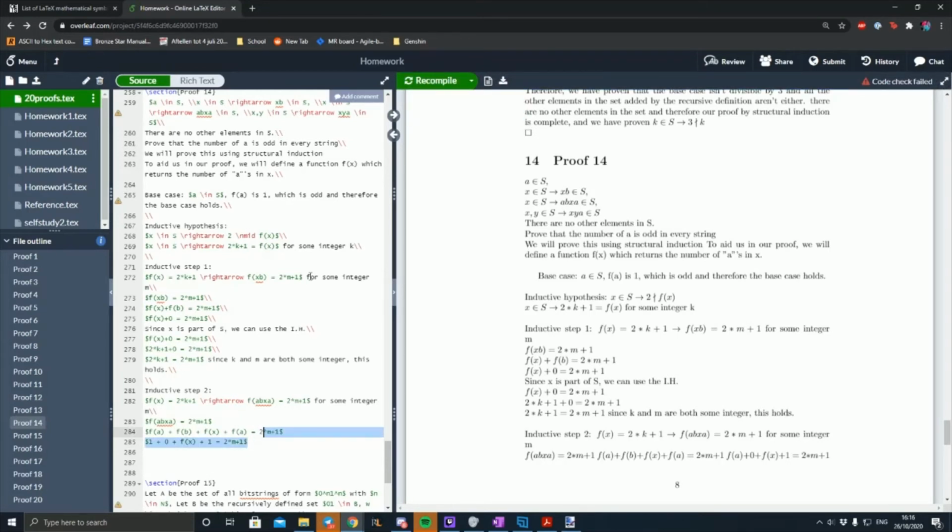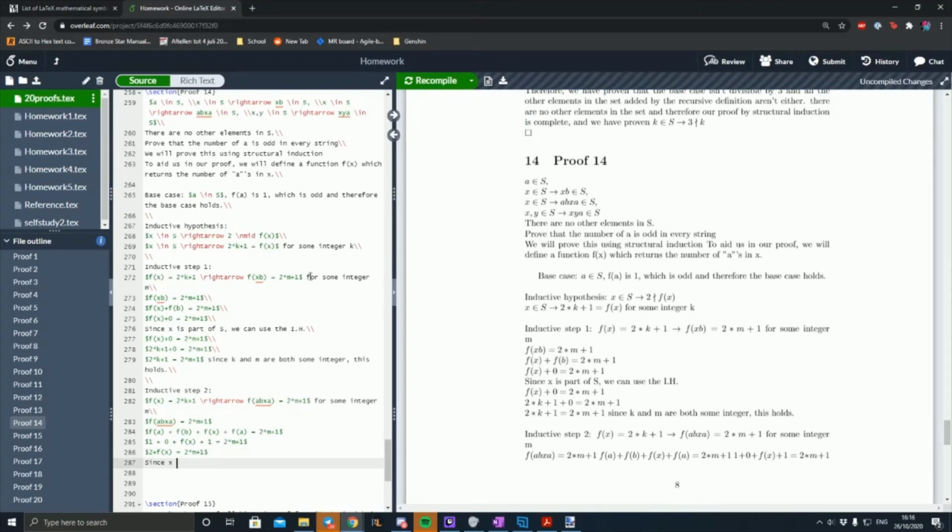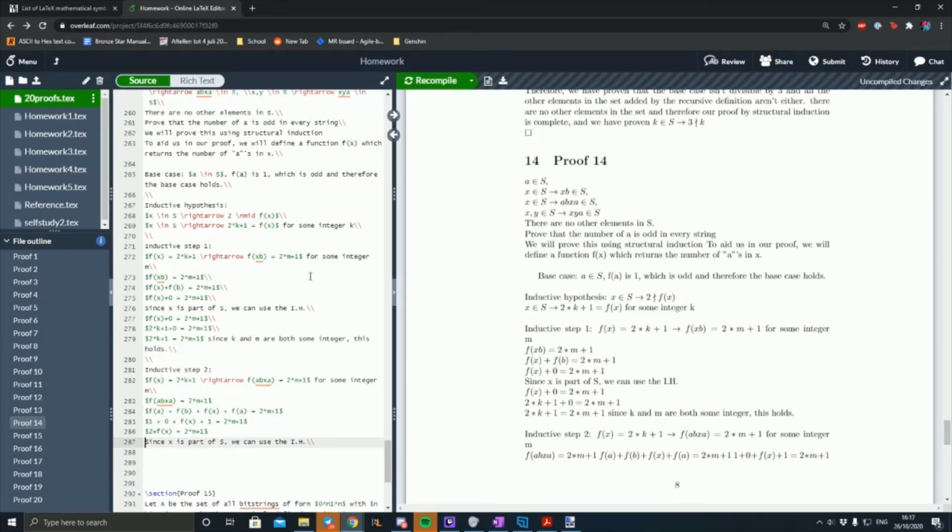We can rewrite that to 2 plus f of x. Since x is part of S, we can use the induction hypothesis, and then we change f of x to 2 times k plus 1.